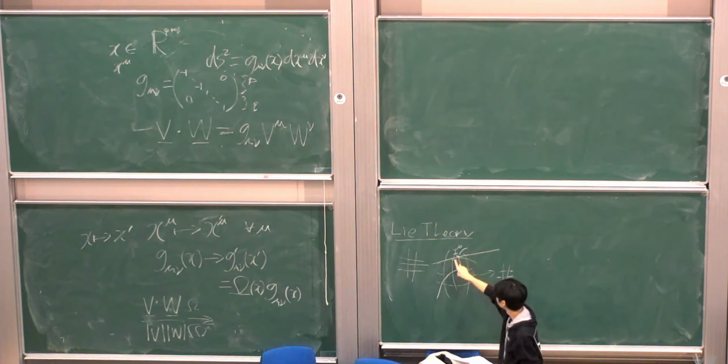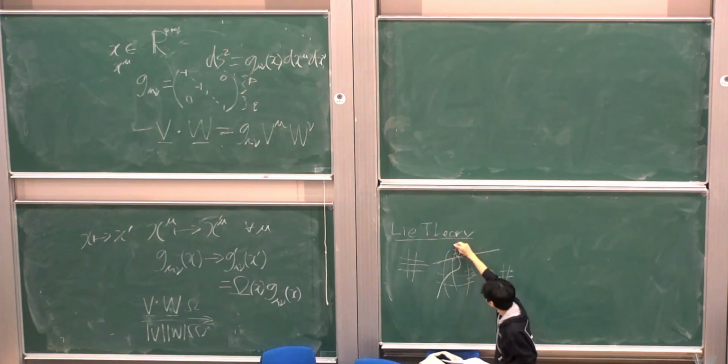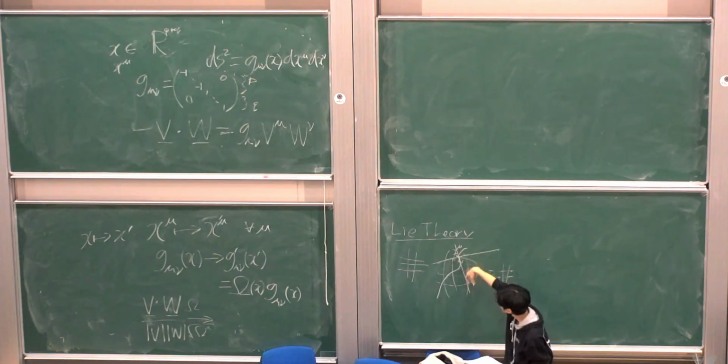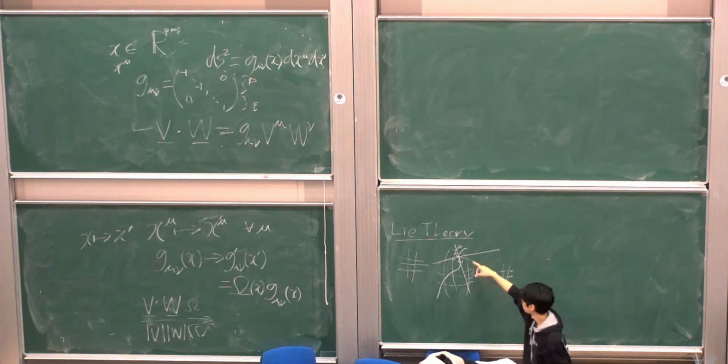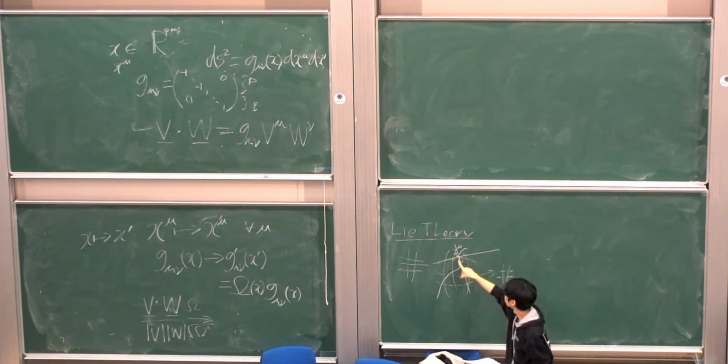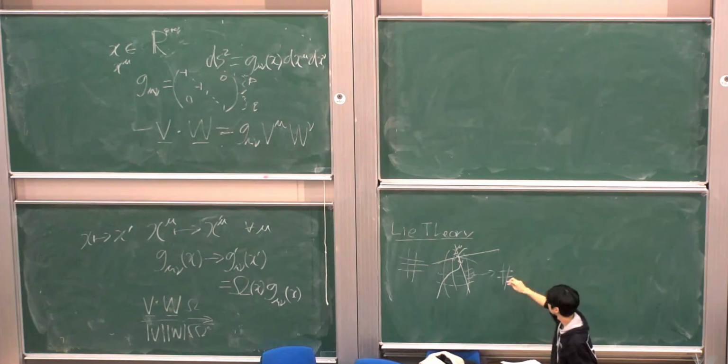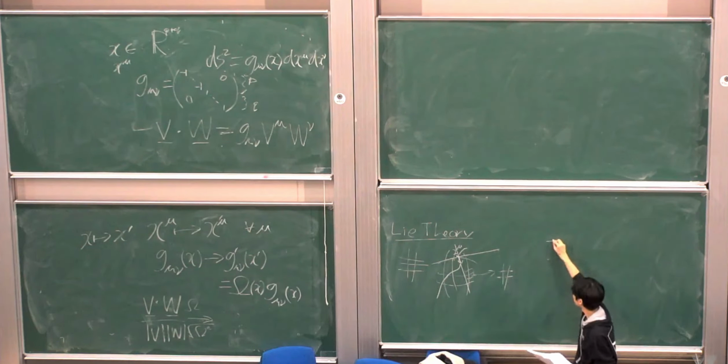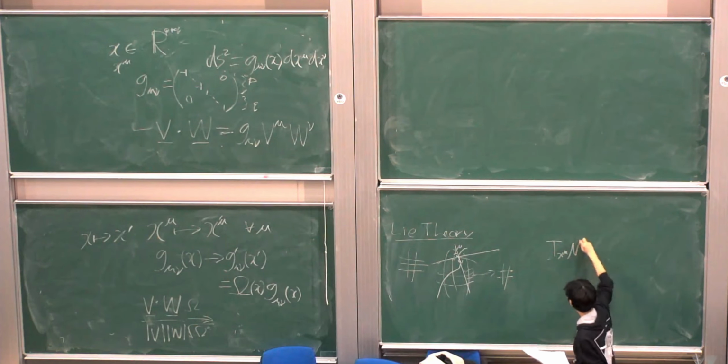And if I want to move along the curve, I can find a vector in the tangent space that is parallel to the line of the curve. So, okay, let's define the tangent space at x^mu of the manifold.